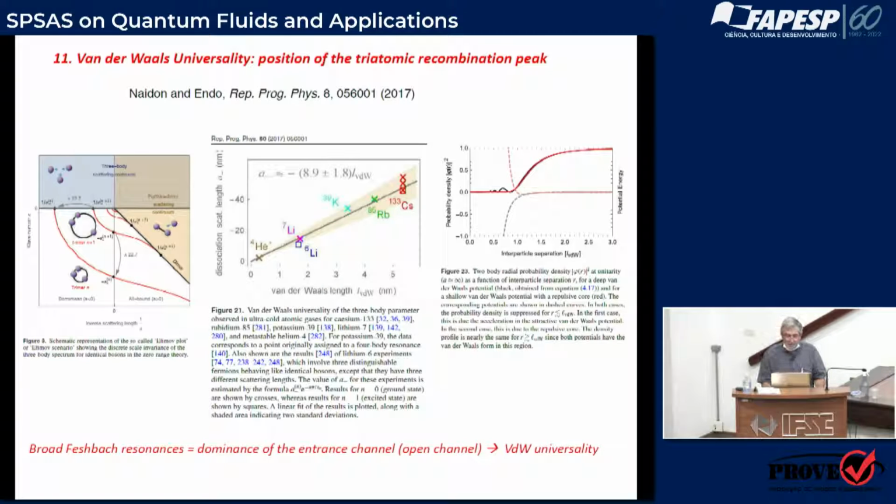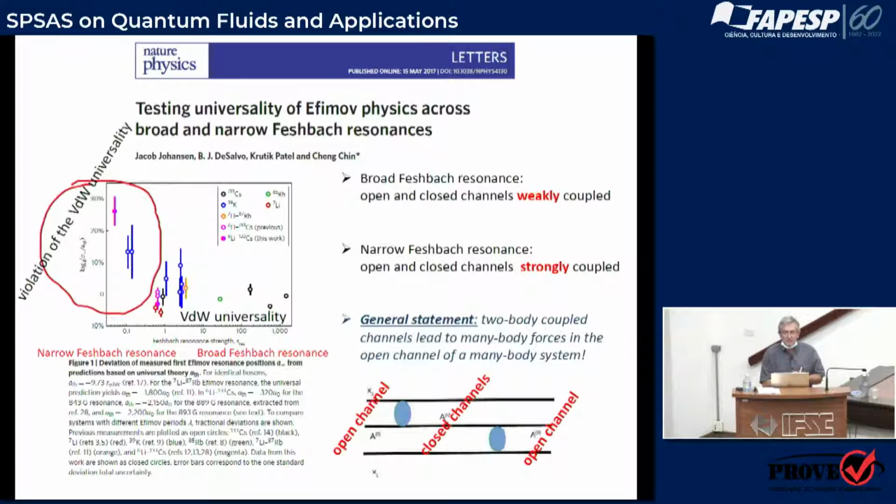Okay, but people, more recently, a couple of years ago, discovered that this is not so. That is a violation of the van der Waals universality. And this happens when you have narrow Feshbach resonance. So this means that the open channel and closed channel are strongly coupled.